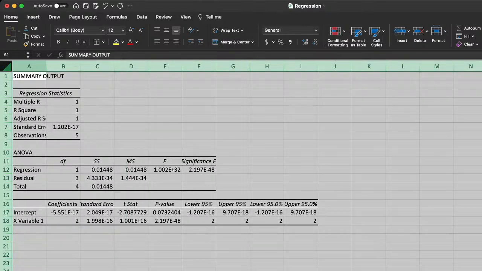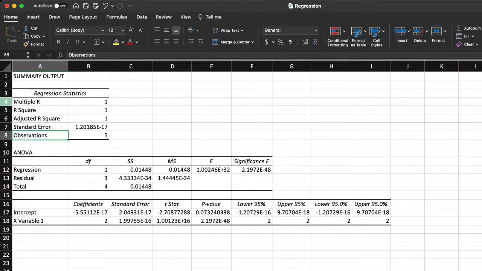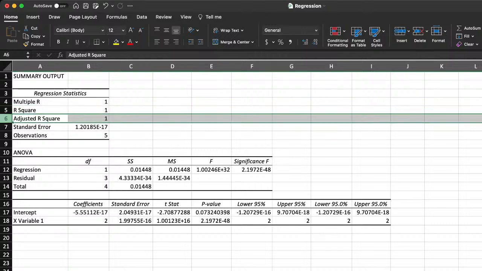So it provides me this output. And you have what's called multiple R square, adjusted R square. These are all measures that, with only one explanatory variable, will be the same.